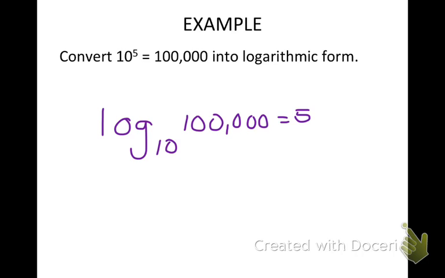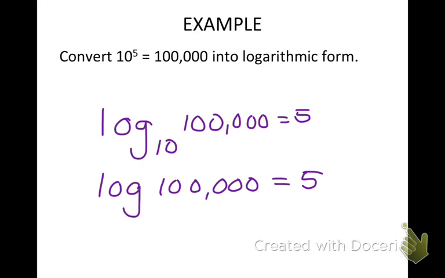My answer would be 5. Now, a lot of times when you have a base 10, we call this the common log. So a lot of times you will see a log with no number in the base. So you could see it just like this. If we do not see a number, so if no number, then we are assuming the base is 10.